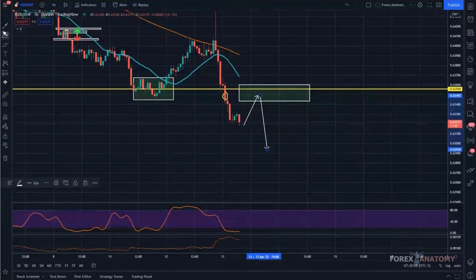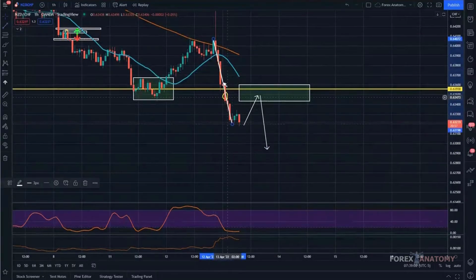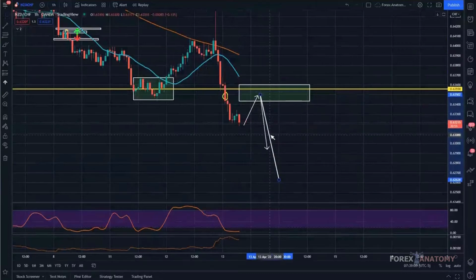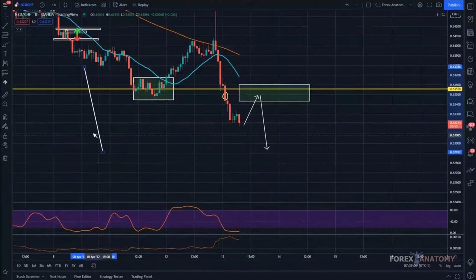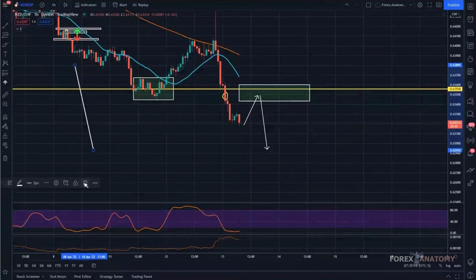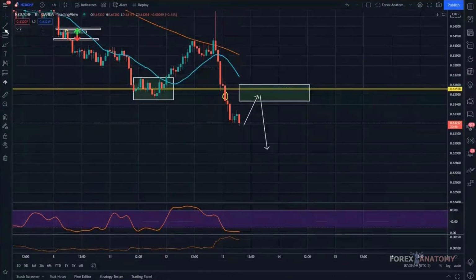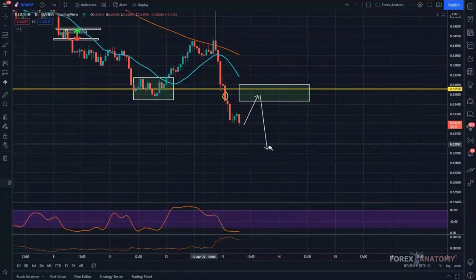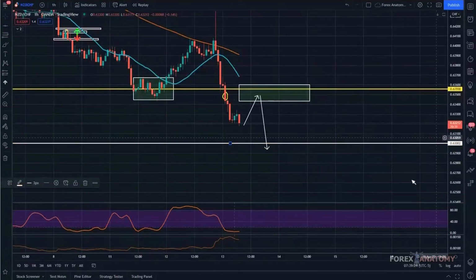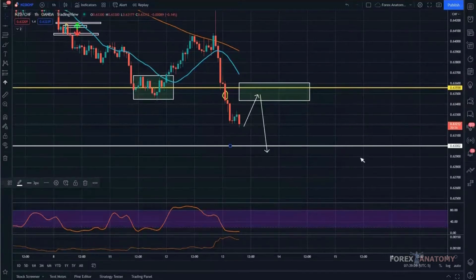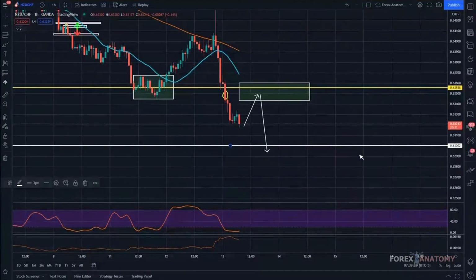We're not going to assume that we're going to get a measured move to the downside, like something like this. I think we may see something like what we have right here, which is interesting, because right around here we have what you would consider to be a what? Let me just place this line right here. What do we call this particular level? I don't know if you guys can see it on your end or on the screen, but it's 0.6300. What do we call those levels?